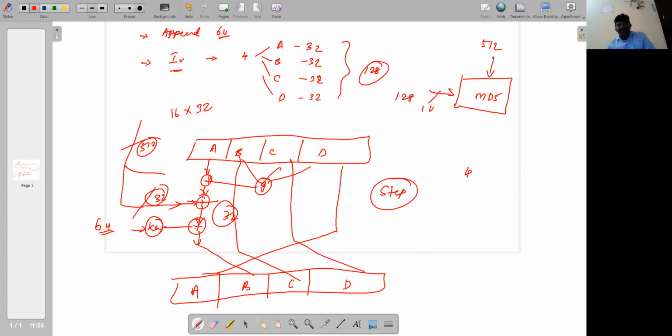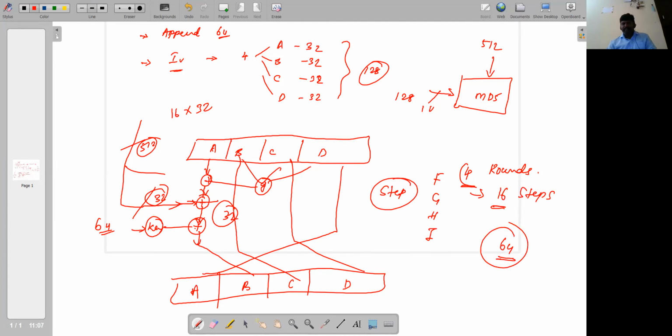Likewise, we have 4 round functions, and in each round there are 16 steps. They can be named F, G, H, I, so 4 times 16 means we need to process 64 steps.